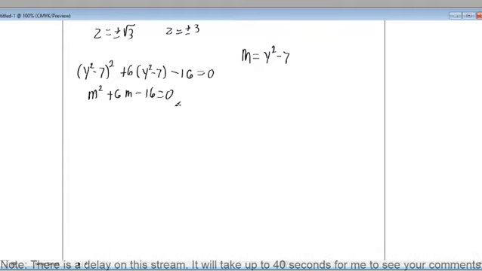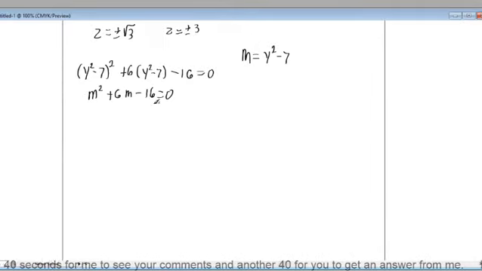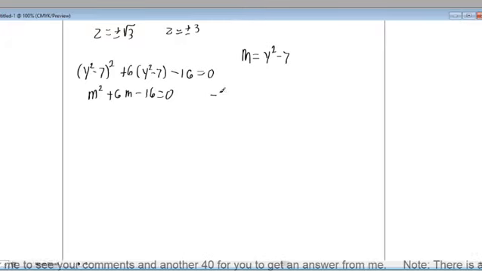All right, so let's go ahead and solve this one. Let's try out the AC method and see if that'll work. So we've got 1 here, negative 16 here. 1 times negative 16 gives us an AC of negative 16.